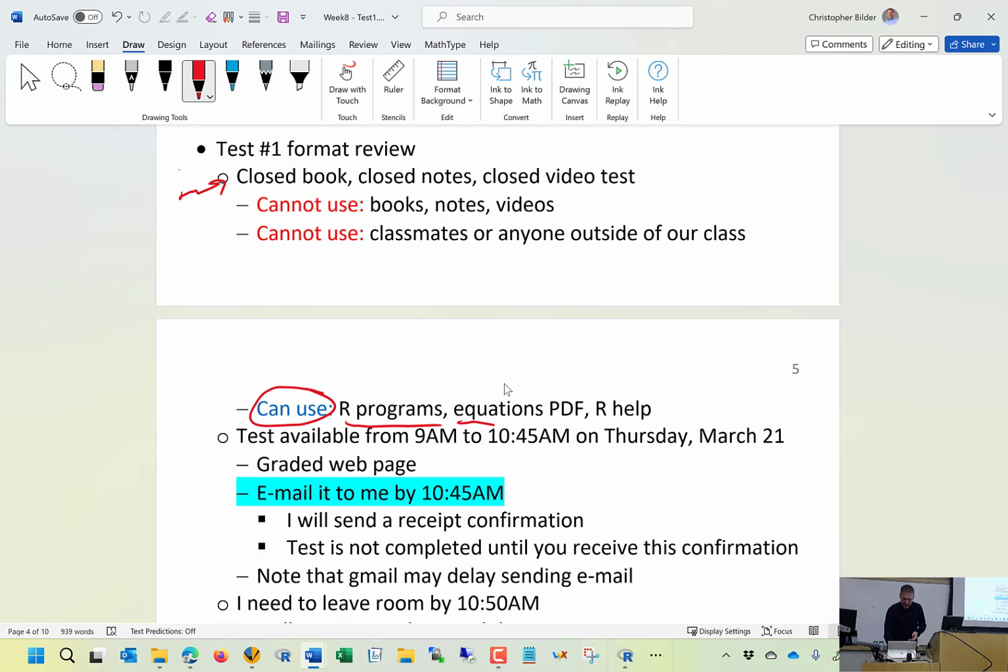Also remember there is a PDF on my website that has important equations that we've talked about. And you can use the R help that's within RStudio as well during the tests. Note that this does not mean you can, let's say, Google answers during the tests.